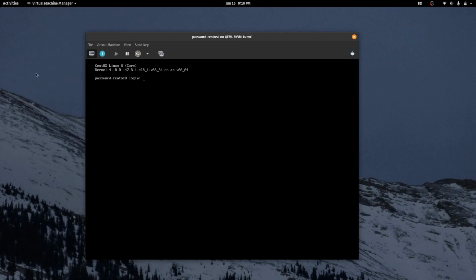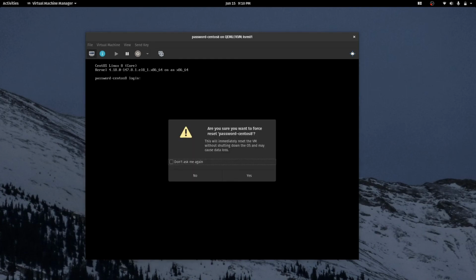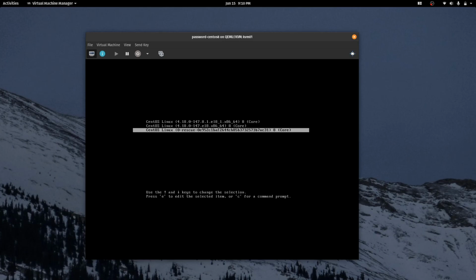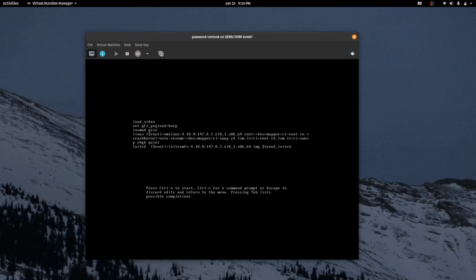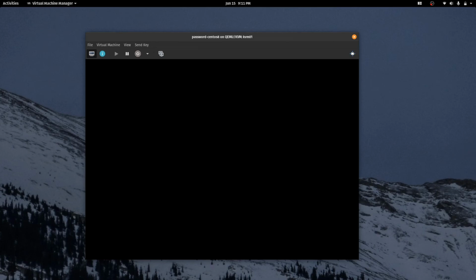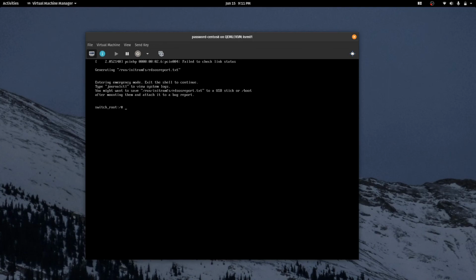So the next thing I want to try with this, and let's do yes here. This time we're going to do rd.break enforcing=0 still. We're going to auto relabel at the end and see if that makes a difference. Honestly, I did not try this prior to this video, so we're testing it live. I didn't think about doing this prior to that.